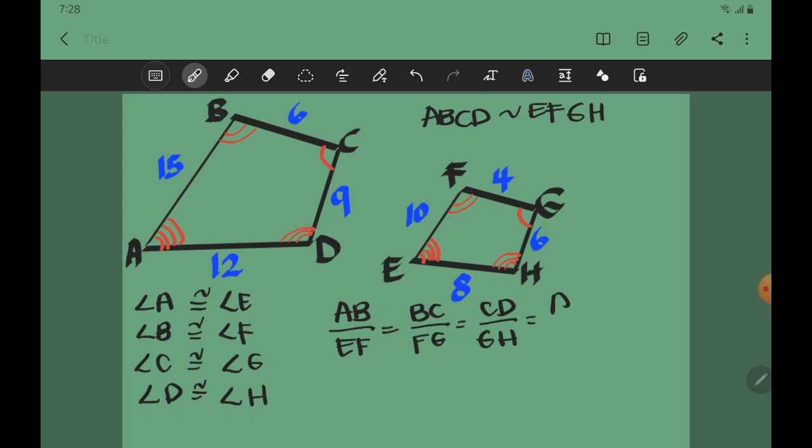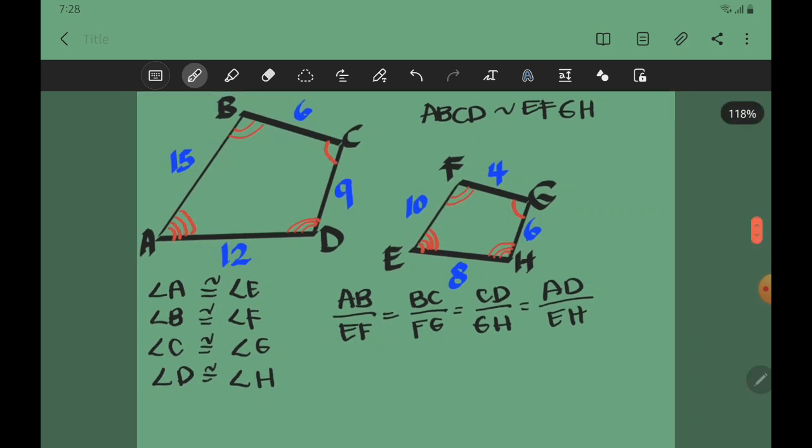And then AD corresponds to side EH. And then in the same process, we are just going to substitute the given values to the fraction. So we have here AB, which is 15, over EF, which is 10, is equal to BC, which is 6, over FG, which is 4, and then CD, 9, over GH, 6, AD is 12, and then EH is 8.